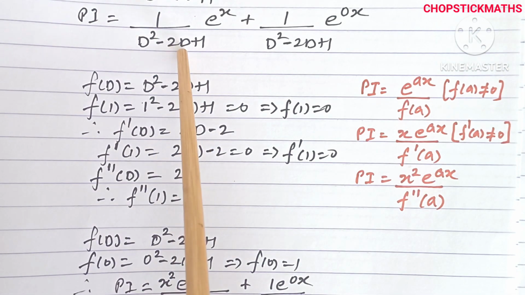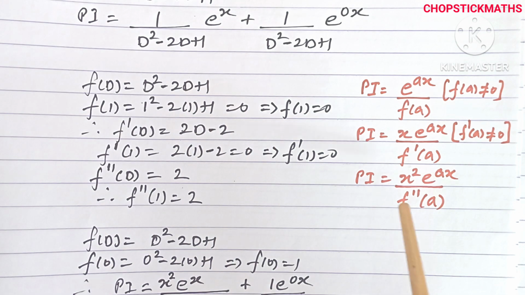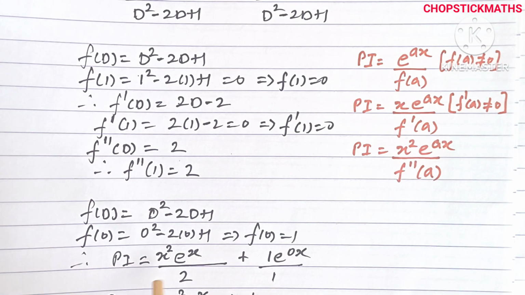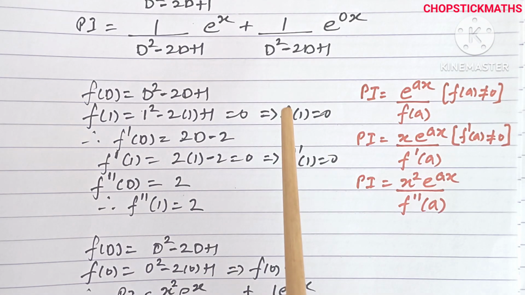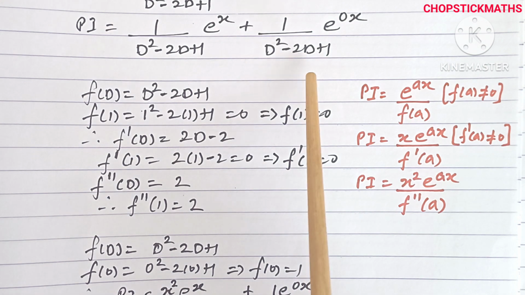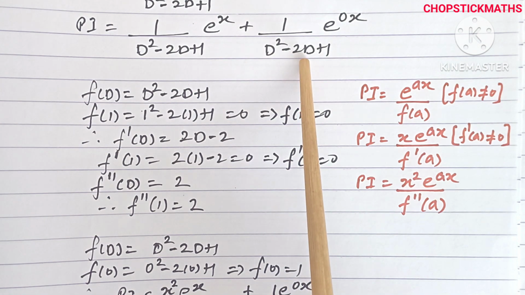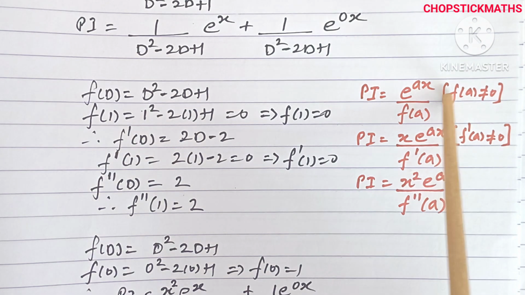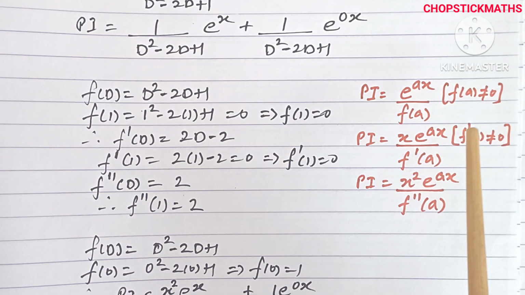So for this first part, the PI will be using this particular formula. PI will be x square into e raised to x upon 2. And for the second part, 1 upon d square minus 2d plus 1 into e raised to 0x, we can use this particular property.